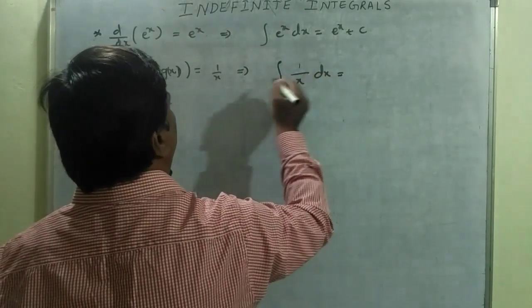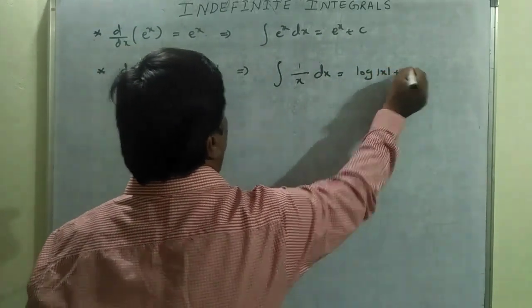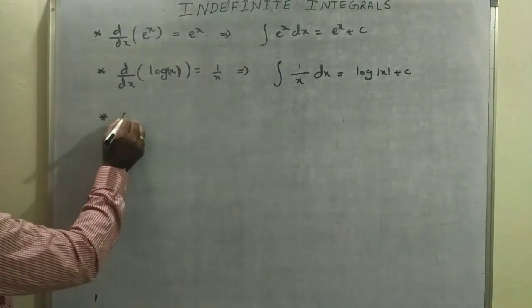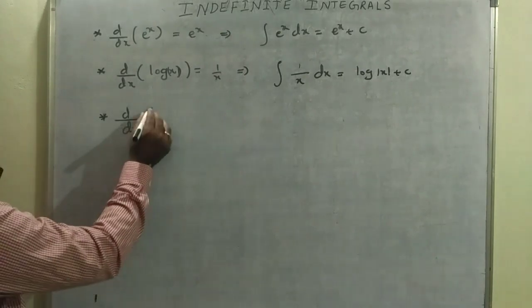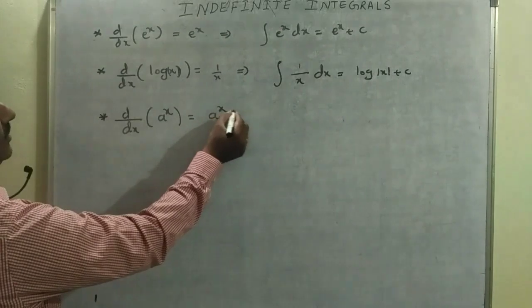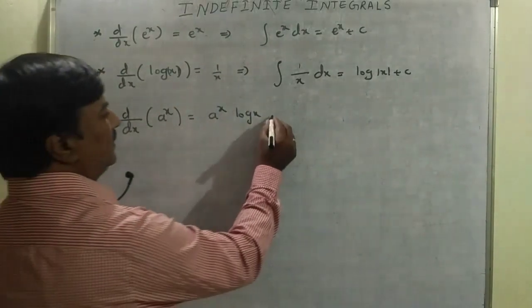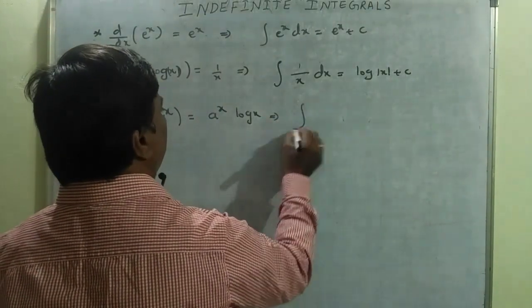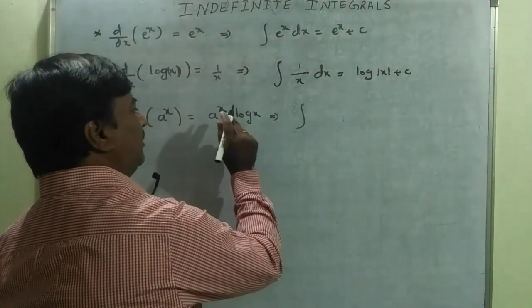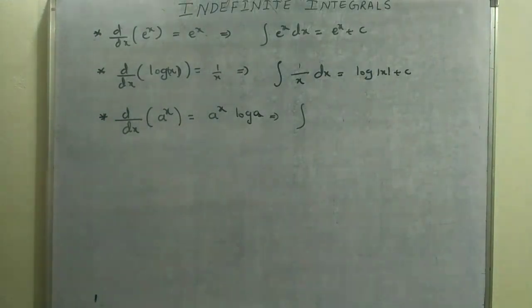That is nothing but the integral of 1 by x is equal to log modulus of x plus c. Then we can proceed to one more formula: d by dx of a to the power of x is equal to a to the power of x into log a.